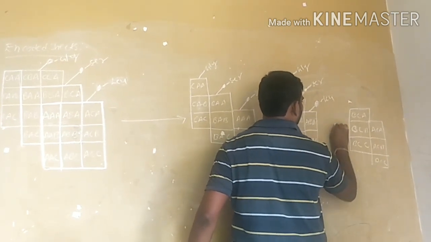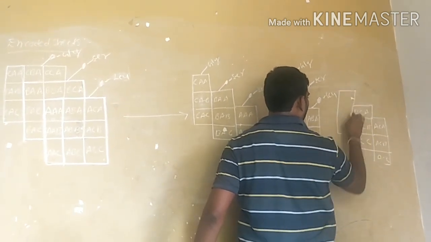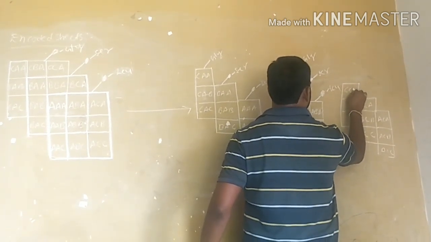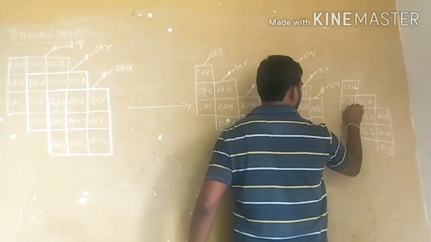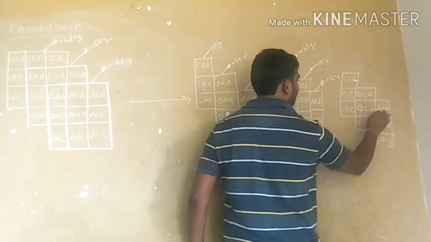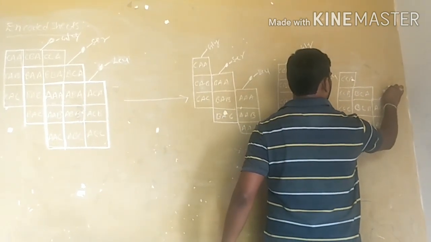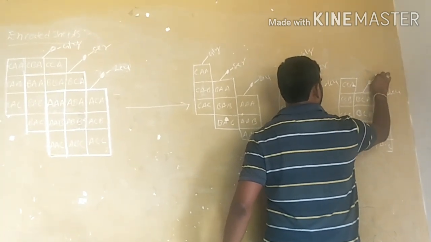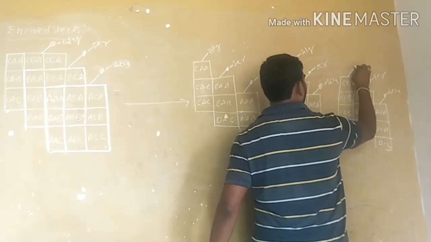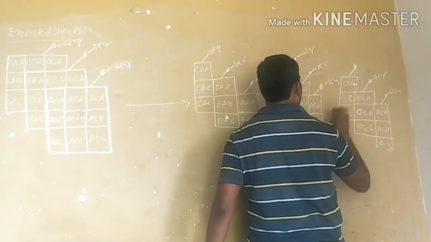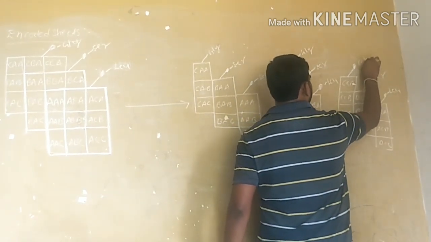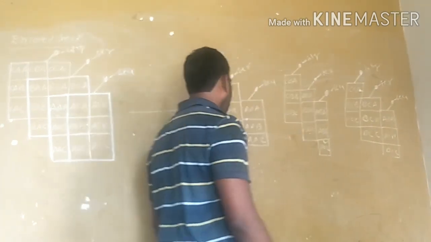Next, third column of bottom sheet: CCA, CCB, CCC. And here, the top sheet is attached to the leucine amino acid, this middle sheet attached to this serine amino acid, and this bottom sheet attached to the glycine amino acid.